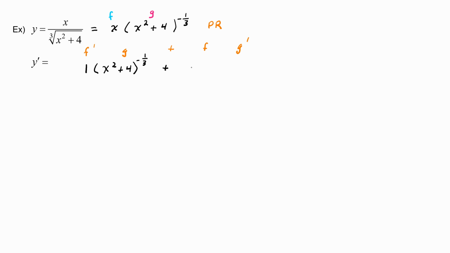F is equal to x, and then we have to take that times g prime. Now we need to recognize that g is a composite function, and that means we will have to use the chain rule when we find its derivative. So now we're ready to find g prime.